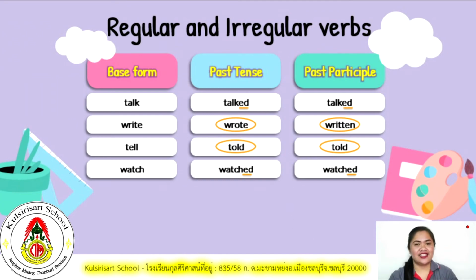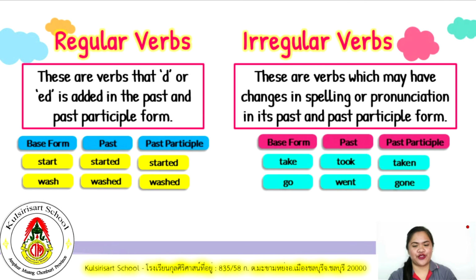Let me explain further. Regular verbs are verbs where d or ed is added in the past and past participle form. Just like the example, start in the base form becomes started in the past, and started in the past participle.